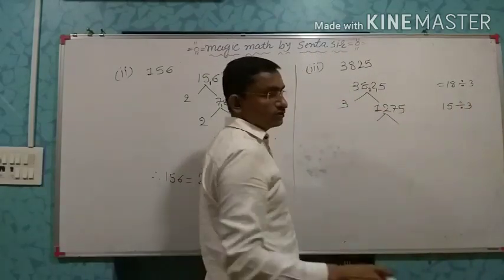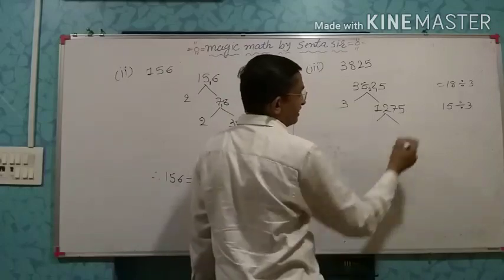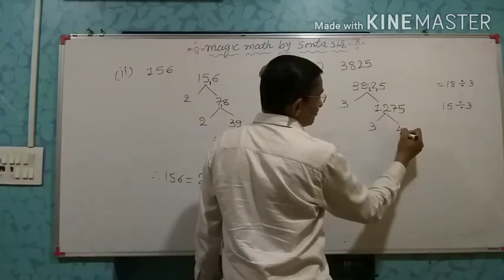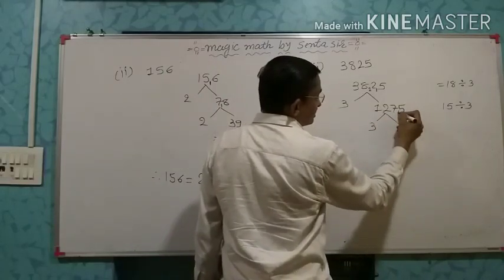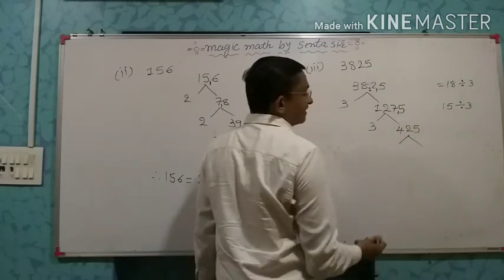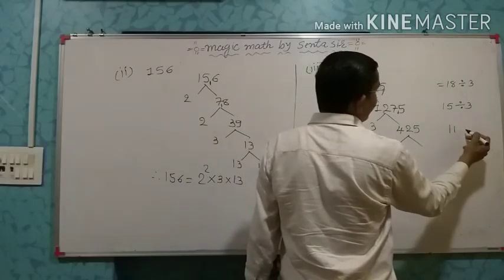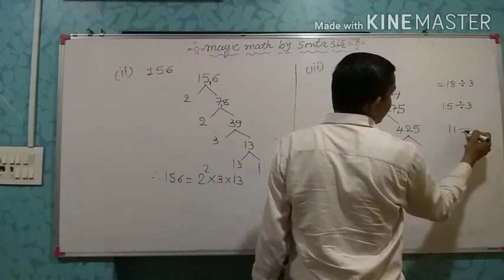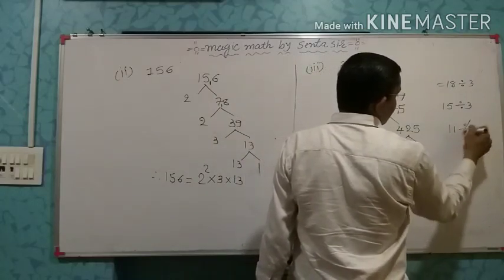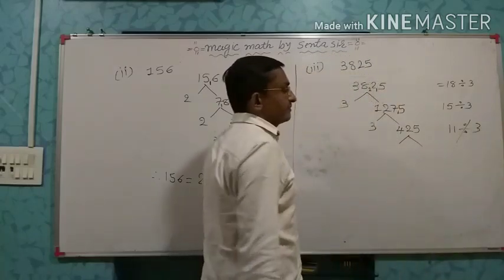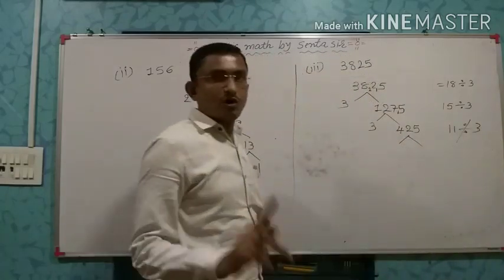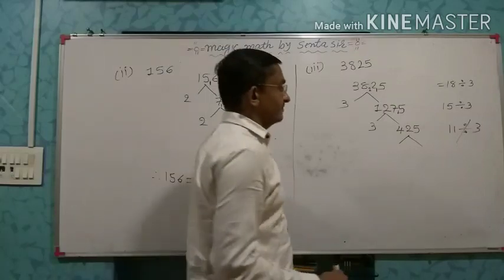Therefore, this number is also divisible by 3. 3 fours are 12, 3 twos are 6, 3 fives are 15. 5 plus 2, 7, 7 plus 4, 11. 11 is not divisible by 3. Therefore, this number is not divisible by 3.